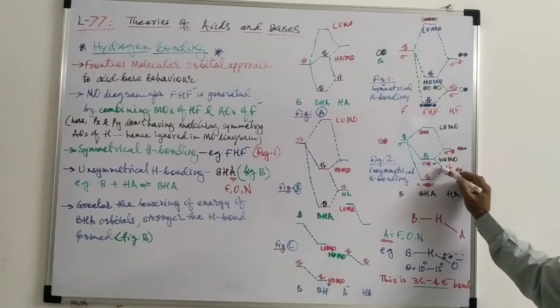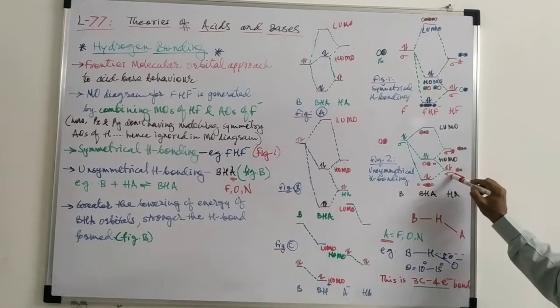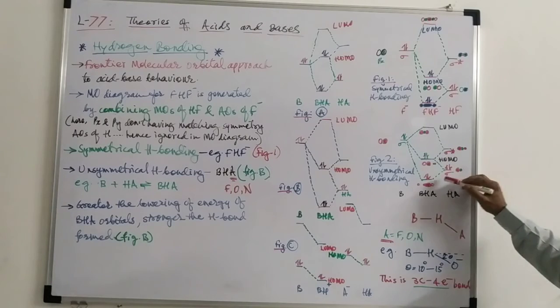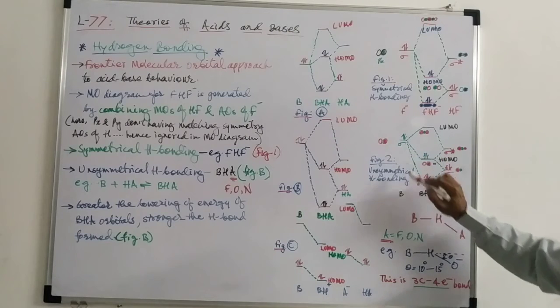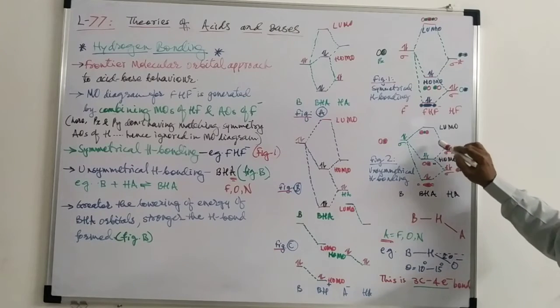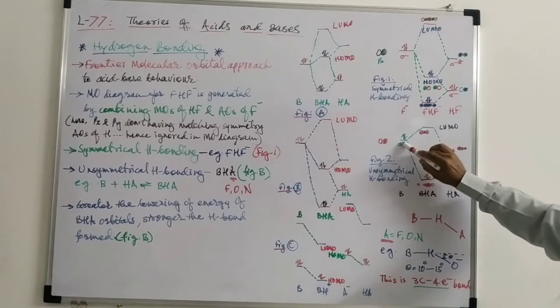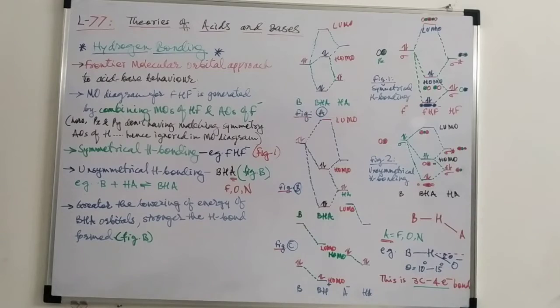So this is contributed by three species, that is this sigma bonding and this antibonding molecular orbitals. But this is contributed by the sigma of HA and the sigma of boron, whereas this antibonding molecular orbital is contributed by this sigma and this antibonding molecular orbital of sigma nature.